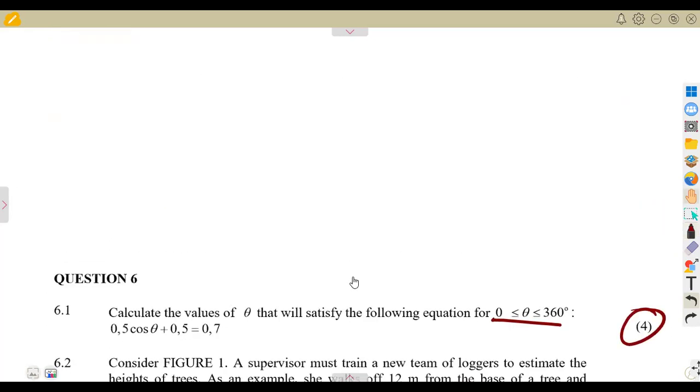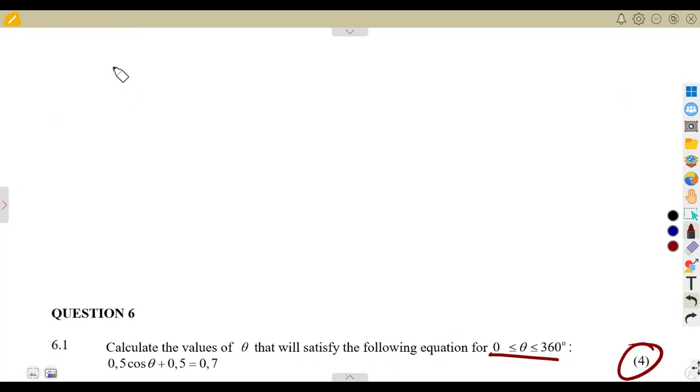That's the trigonometric equation that you're given. In 6.1, we are given 0.5 cos theta plus 0.5 equal to 0.7. All right, so this is the idea. Whenever you are working with a trigonometric equation, whether it's a cos, a sine, or a tan, you must have a single trig ratio.